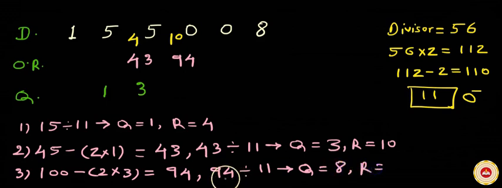The remainder is 94 minus 88, that is 6. Now write the third quotient digit 8 below 94 and remainder 6 as a prefix to the next digit, which is 0. Now read this as 60, and we are going to calculate the third osculation number, and that will be our fourth step.